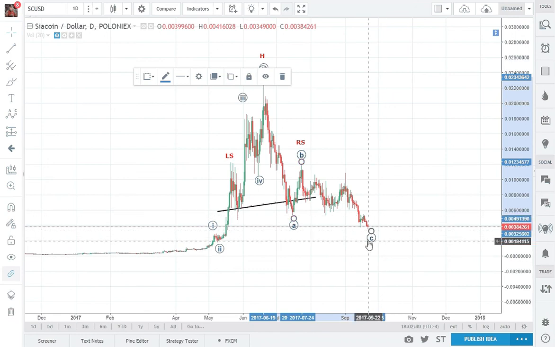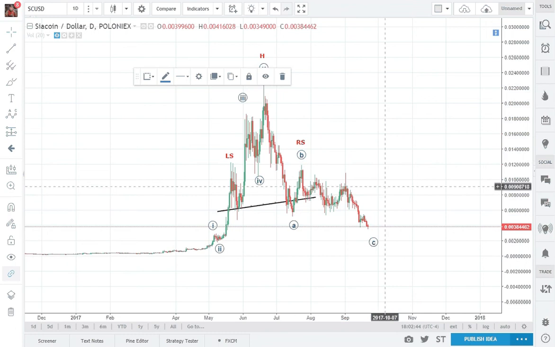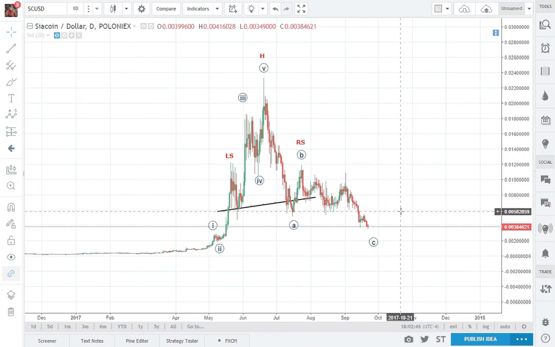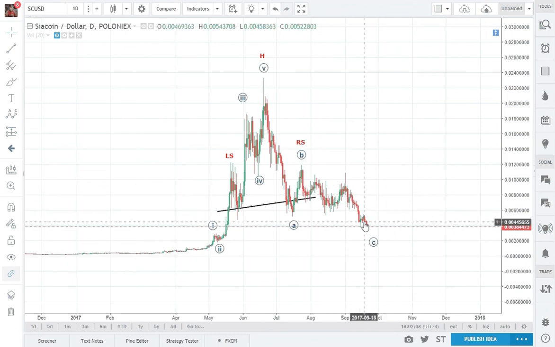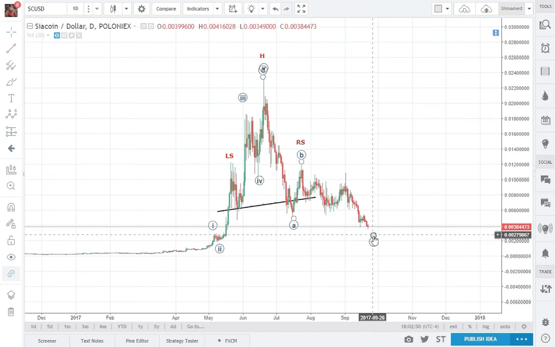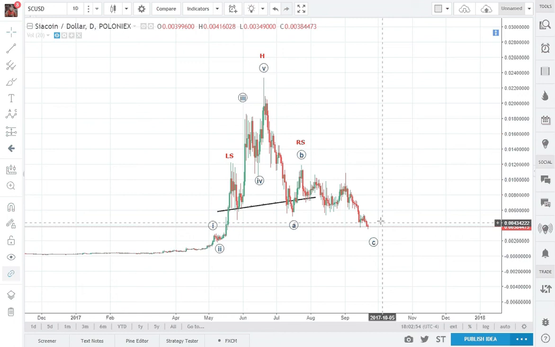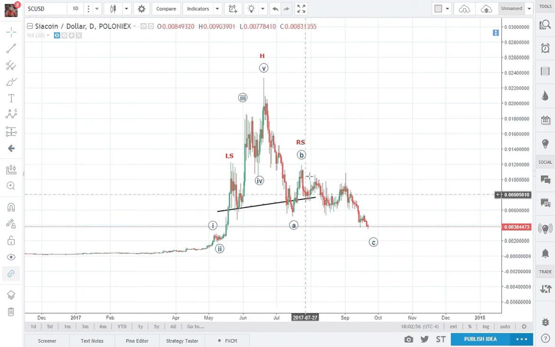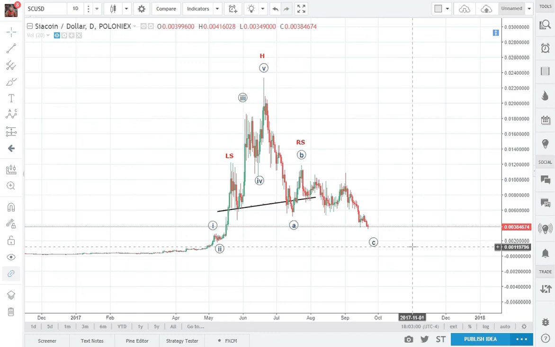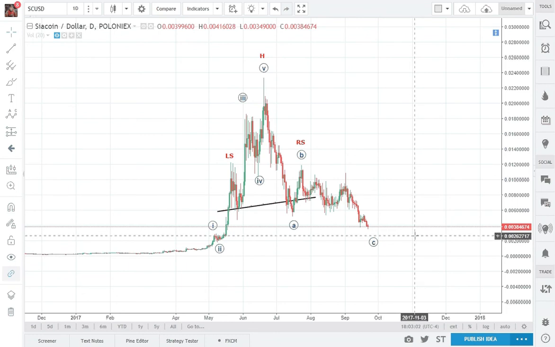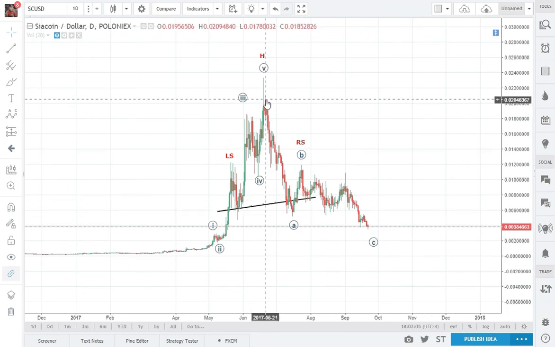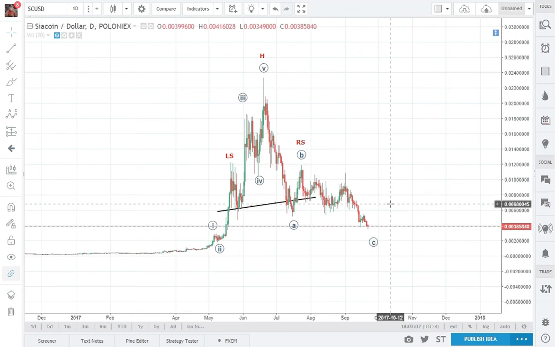What I think is that if this is truly 5 waves, it could be done. And you might say, wait a minute, A is longer than C. Usually C is longest, yes. But this is another indication on cryptos that I'm seeing, where in equities you see A, B, C with C being the longest most frequently.